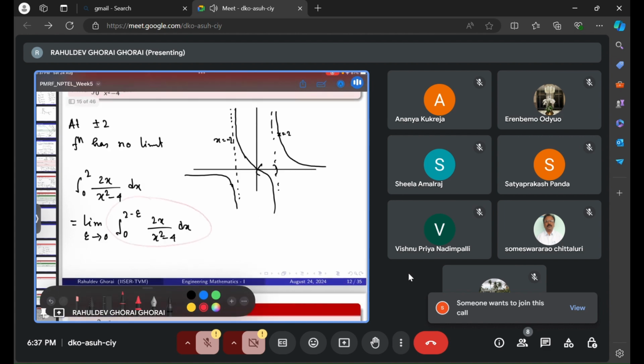This integration is a definite integration now, right? The integral of 2x over x square minus 4 from 0 to 2 minus epsilon is a definite integral.